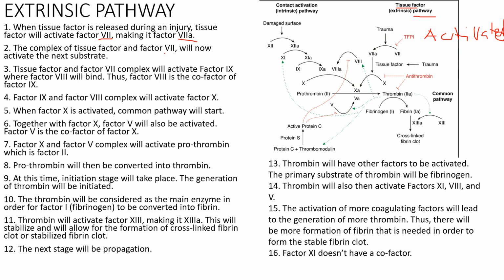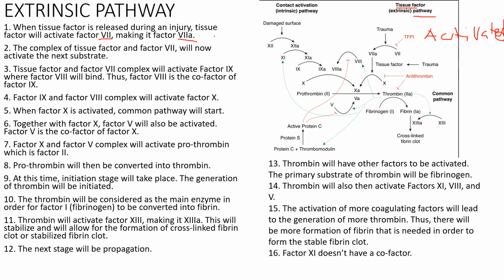Now this combination of tissue factor and activated factor 7 will now activate the next substrate. The next substrate is that they would activate factor 9, where factor 8 will bind with it.